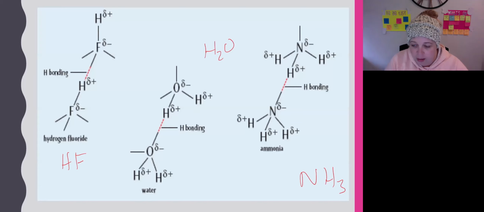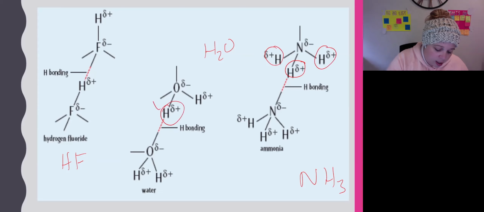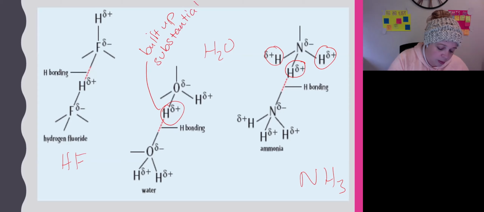Now the third paragraph. In compounds containing hydrogen and one of F, O, and N, the bond between the hydrogen atom and the highly electronegative atom is so polar that the hydrogen atom builds up a substantial amount of positive charge. So all of these hydrogen atoms have built up substantial positive charge.